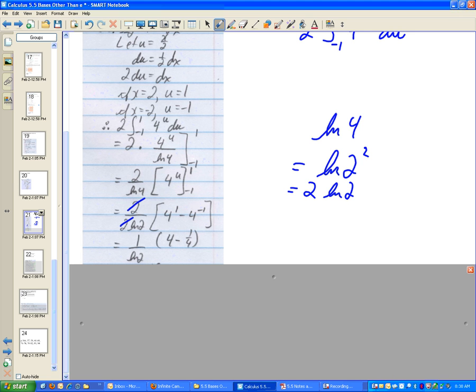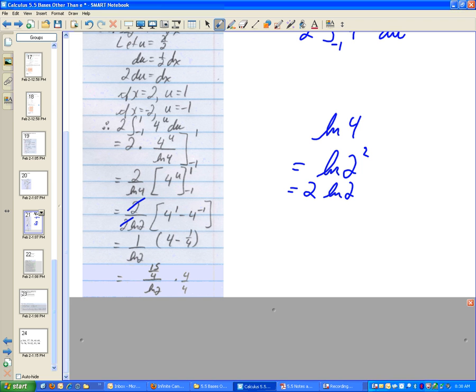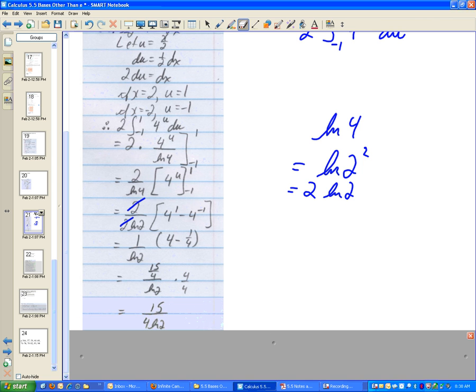All right, 4 minus 1/4, that'd be 16/4 minus 1/4. That's just 15/4. Don't much care for the fraction in my numerator, so multiply by 4 over 4 and finish it that way.